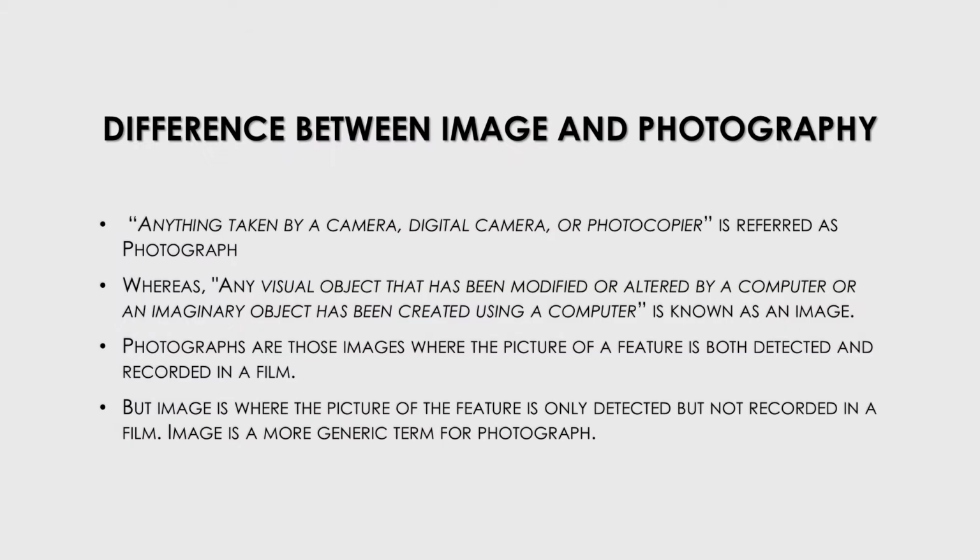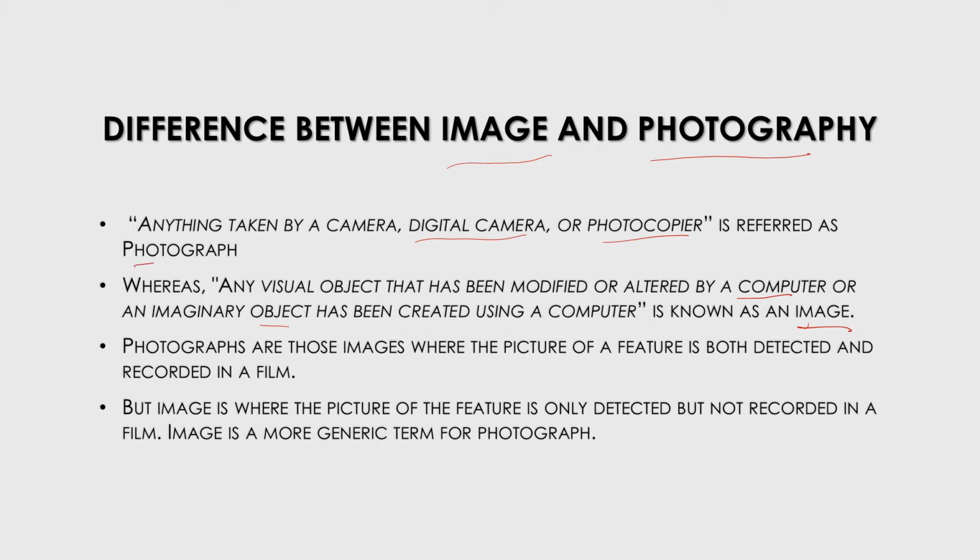Now, what is the basic difference between image and photography? When something is captured by a camera, be it a digital camera, it is referred to as photography. But whenever any visual object is captured and then modified and saved in a computer system or some recording tape, then it becomes an image.